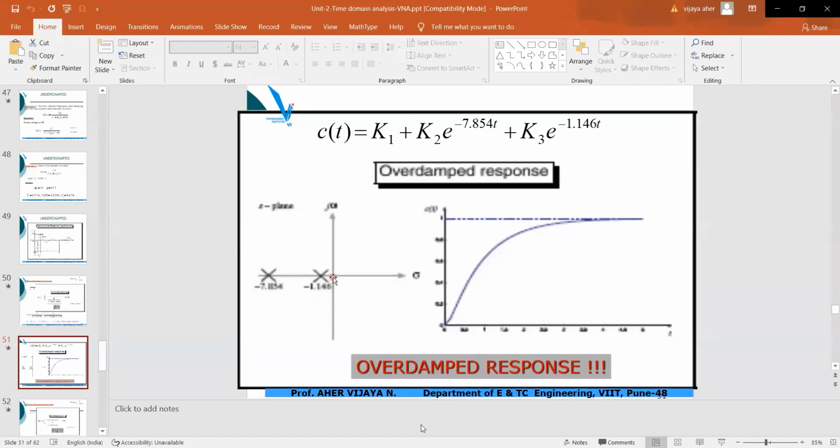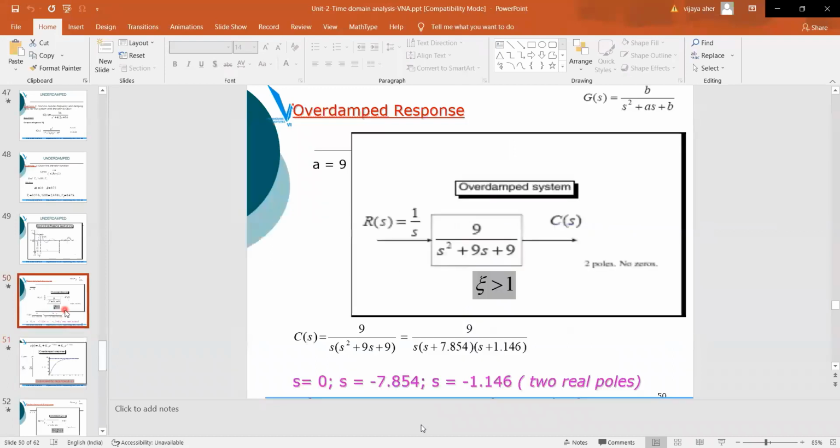As these poles are located in the left half of the S plane, this is the C of S. You have to take the inverse Laplace transform of this. How to take that? For that, you have to find the coefficients by partial fractions.